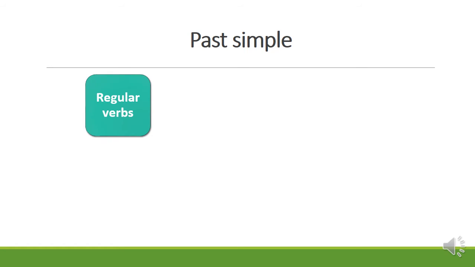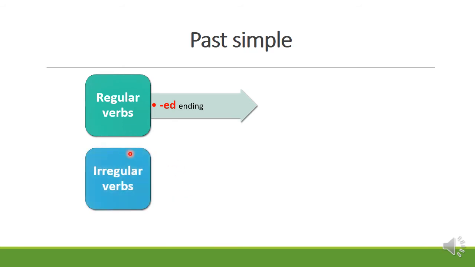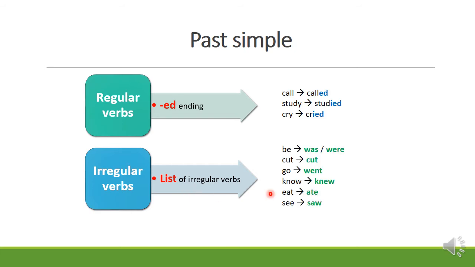So far, we practiced regular verbs. You know that you need to add ed to turn a regular verb into past. We also mentioned irregular verbs. To turn these verbs into past, you need to check the list of irregular verbs. Here you have some examples.